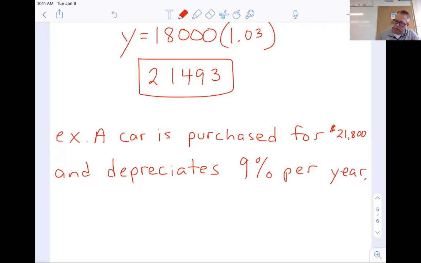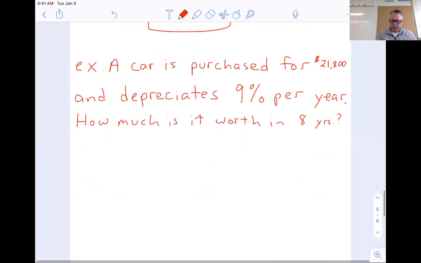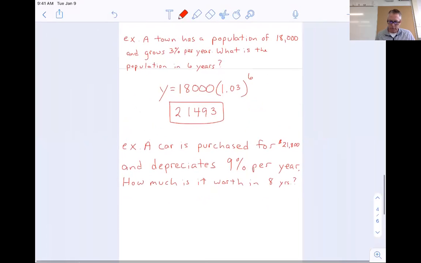How much is it worth in 8 years? So this is now depreciating.